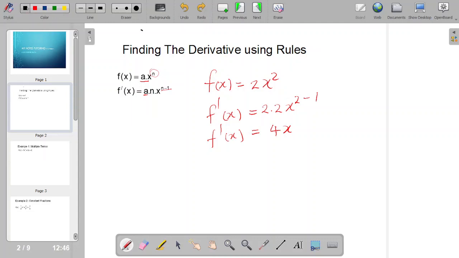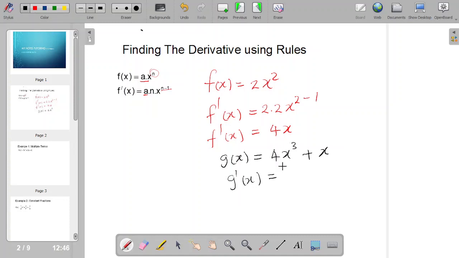We can write this in black, and here let's say we have g of x equals 4x to the power 3 plus x. So what is happening in this case? Well, to get g prime of x, we must multiply these two numbers.